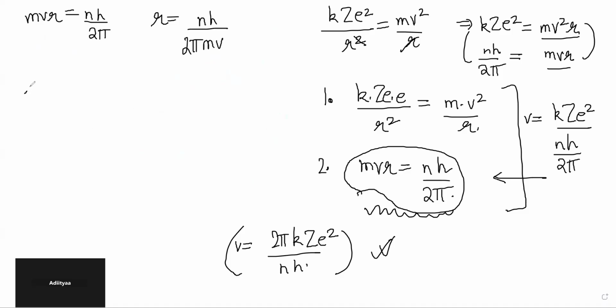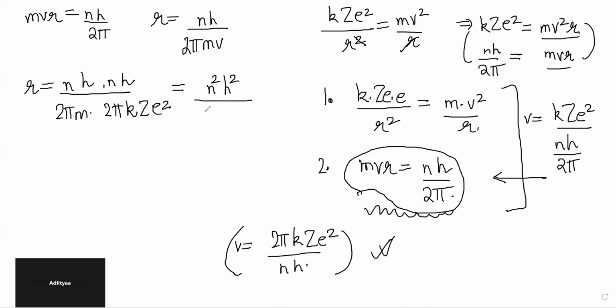So r is equal to nh by 2 pi m, and let's put for v, 2 pi kZe square on top and nh below. So you'll get n square h square by 4 pi square mkZe square, correct? So you're getting this as the radius of the orbit also.